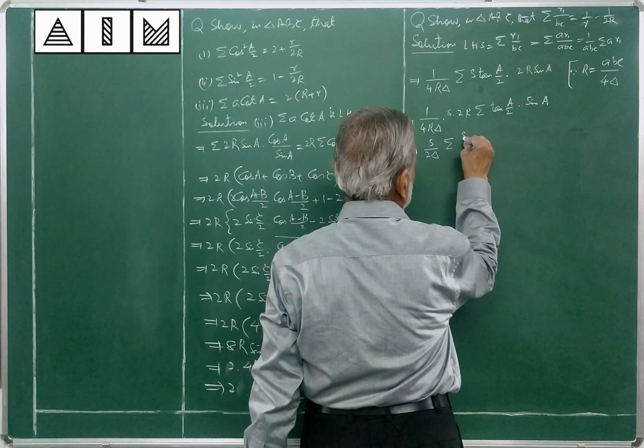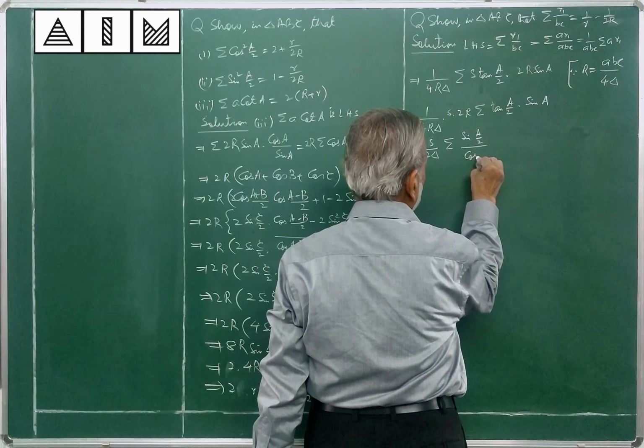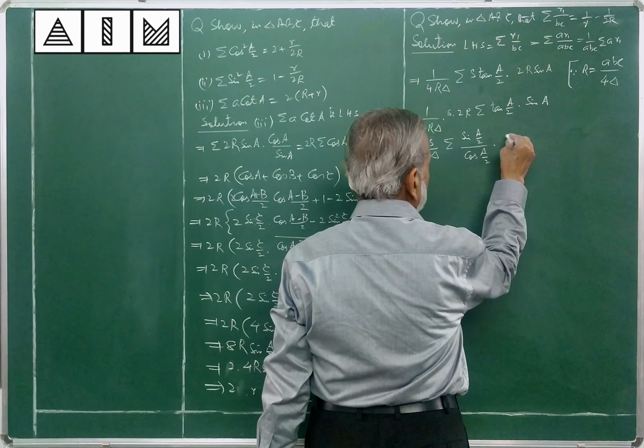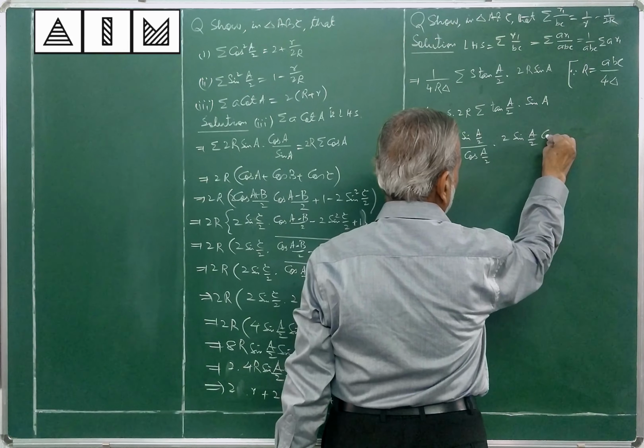Tan A by 2 is sin A by 2 by cos A by 2, and sin A is 2 sin A by 2 cos A by 2, the multiple angles, submultiple angles formula.